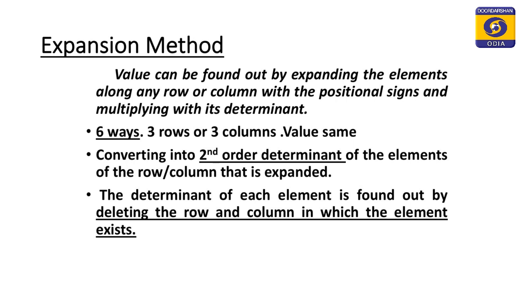Here we must remember, we must convert it to a second order determinant for the elements that we take along the row that we are expanding. For example, if we are expanding the first row, when we take the first element of the first row, we must take the positional sign of the element and also the second order determinant that we find by deleting the row and column in which the element lies, right.